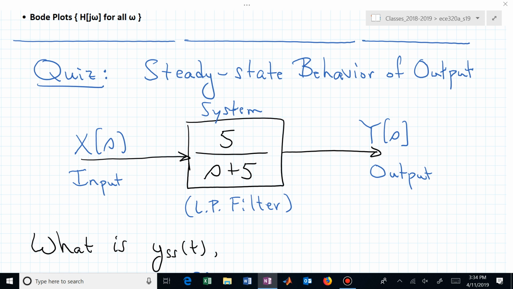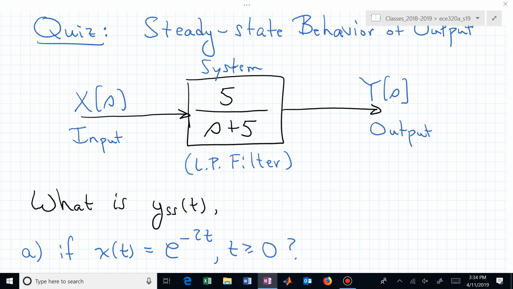It's a low-pass filter, and then I'm going to ask you, what is the steady state output, y? That's the quiz for different types of input signals. You're given a system, I hand you a signal X to use as the input, and you should be able to tell me what's the output.